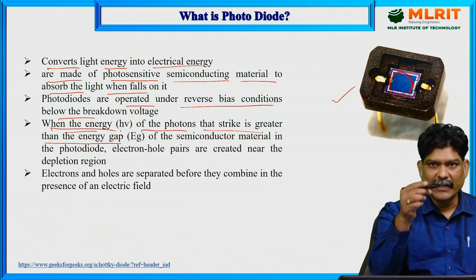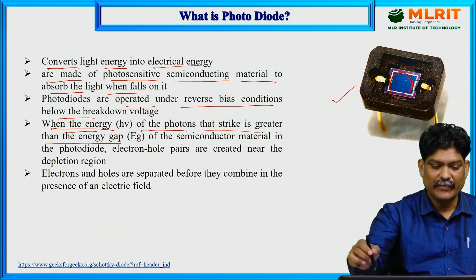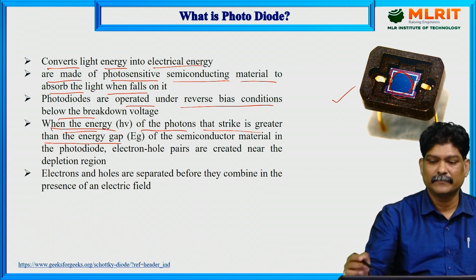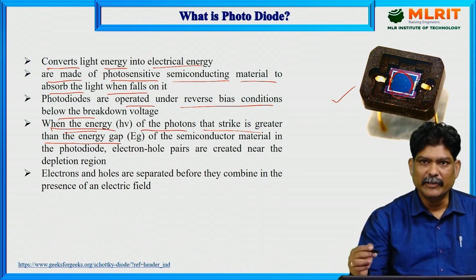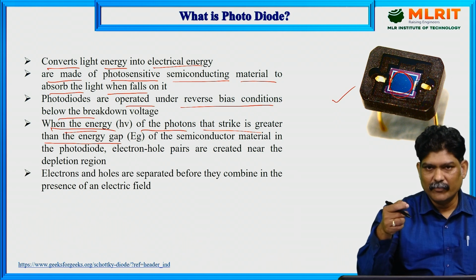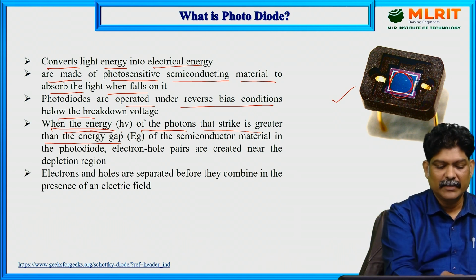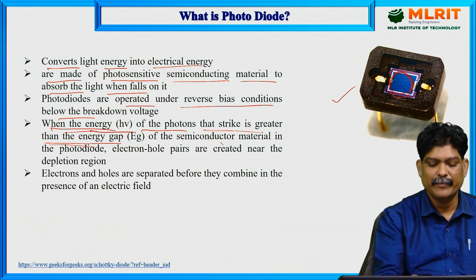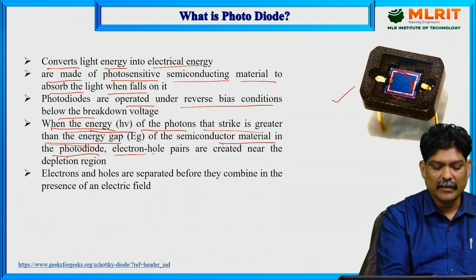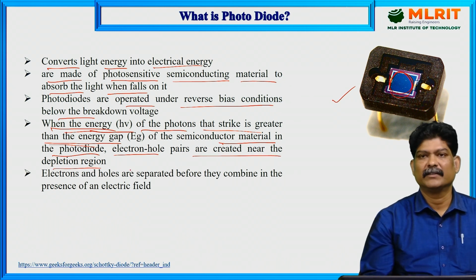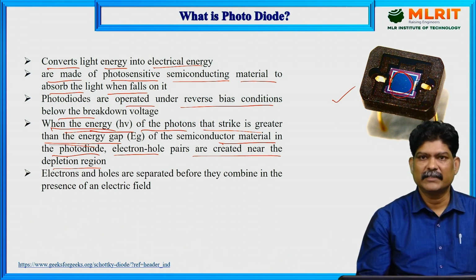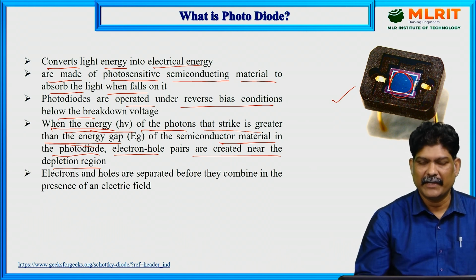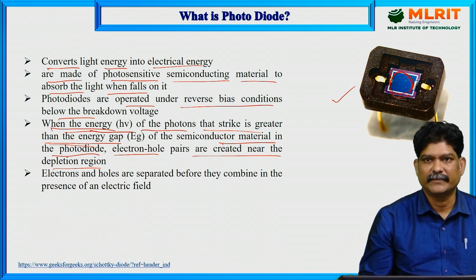So when the light energy is focused on that particular light absorbing semiconducting material, whatever the energy of the photon that strikes is greater than the energy gap of the semiconducting material in the photodiode, electron hole pairs are created near the depletion region. Again it is a PN type semiconducting material, and there is a special arrangement to absorb the light rays.